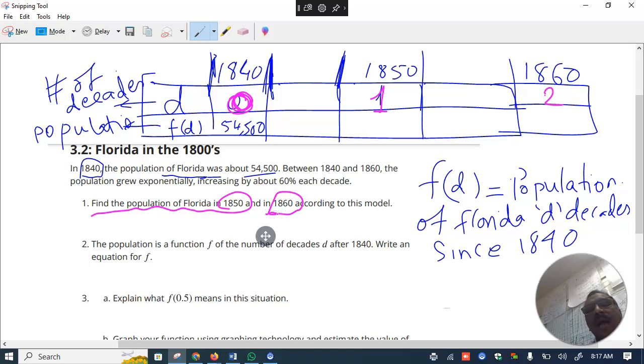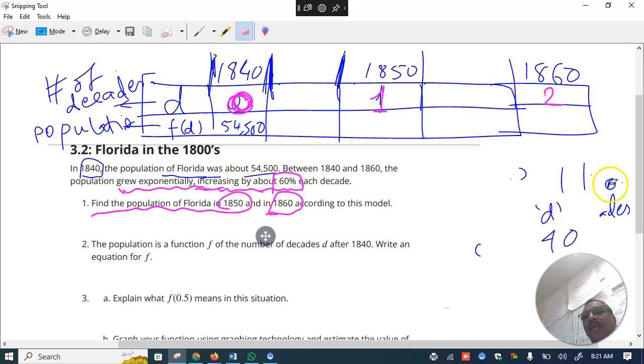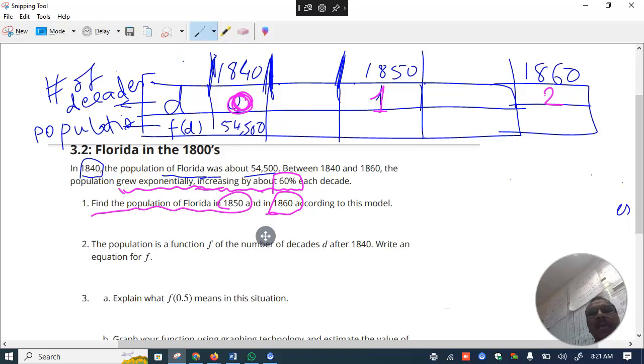So how do you figure that out? They did give us the percent increase. The population is growing exponentially by 60%. Now, what is 60%? Okay, to figure out the population in 1 decade, that's in 1850, we need to understand again.